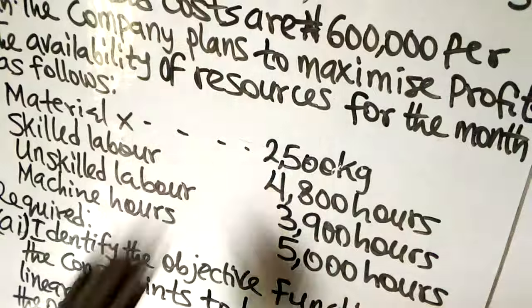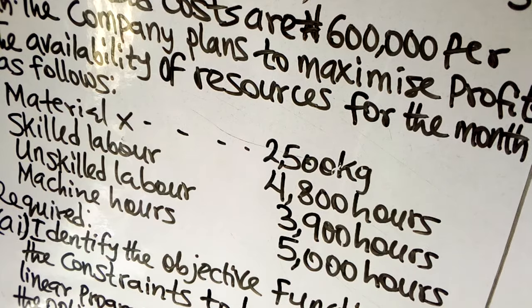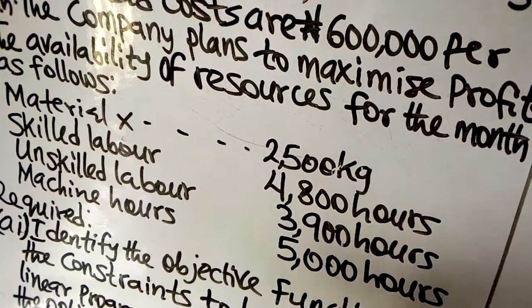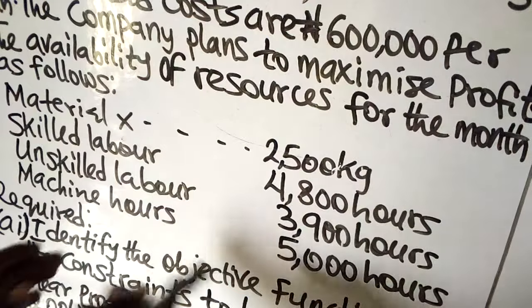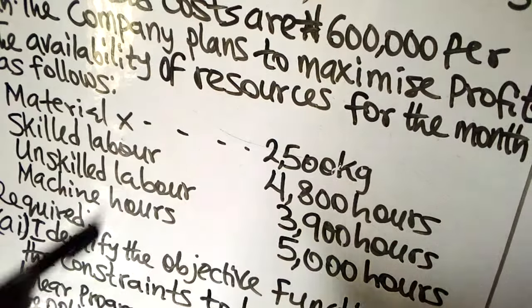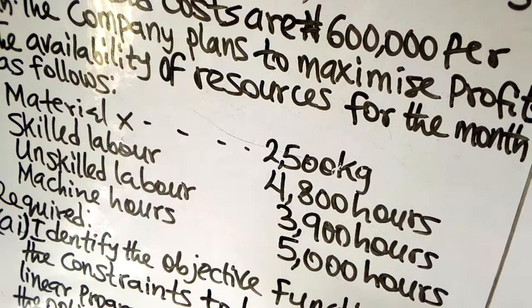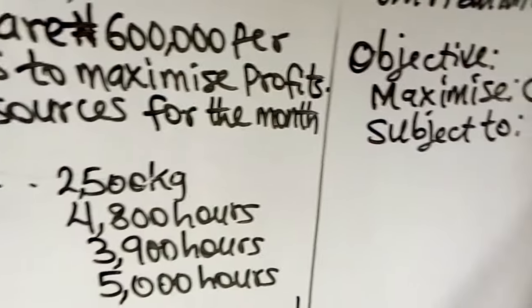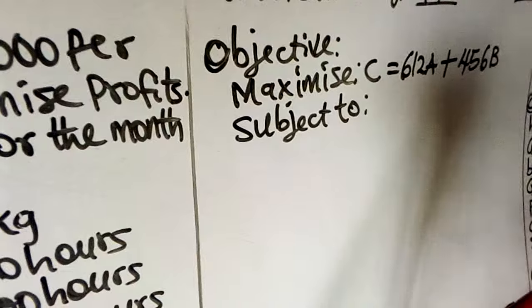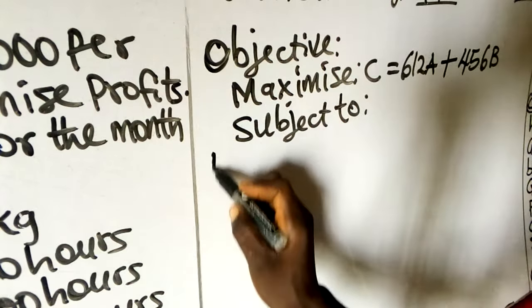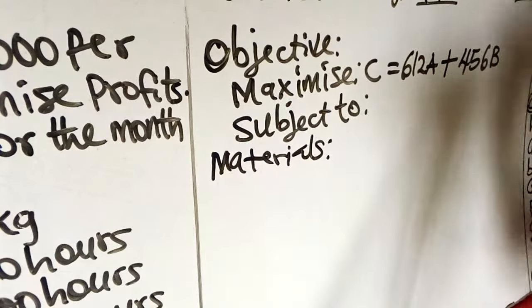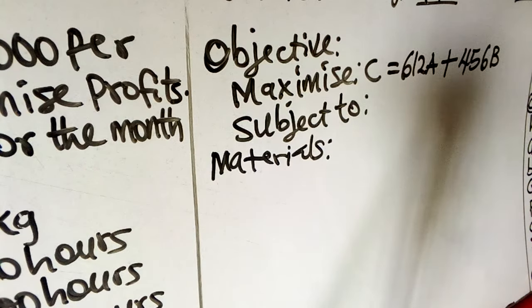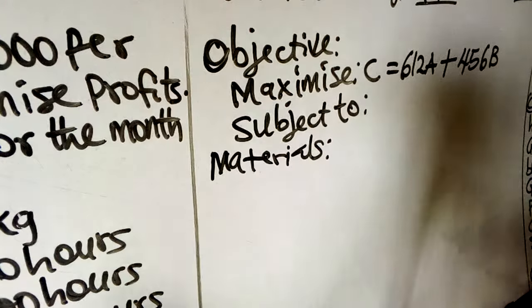Now, when establishing your constraint, there must be correlation between the variables. Since materials are in kg, let's have materials as one of the constraints, given to be 2,500 kg.